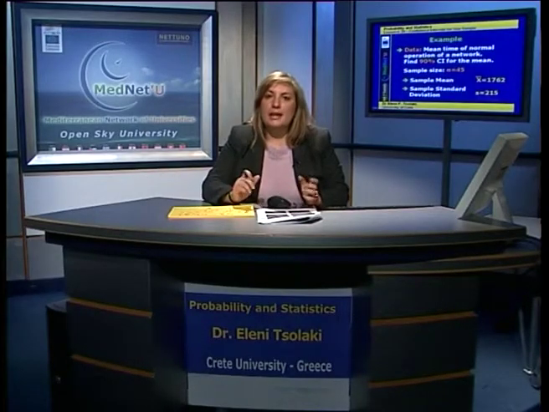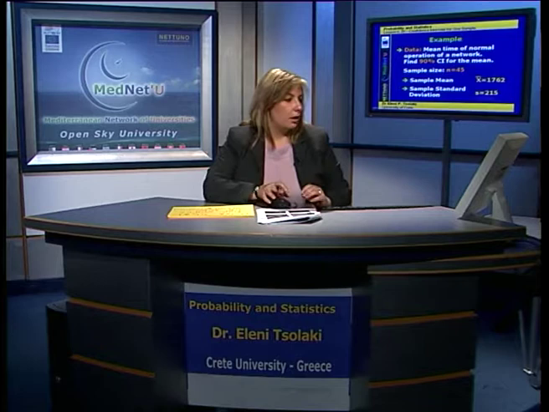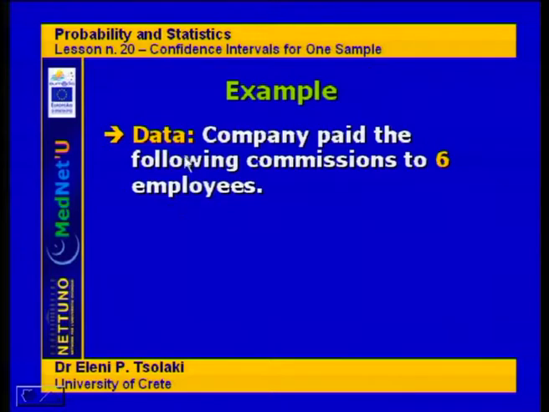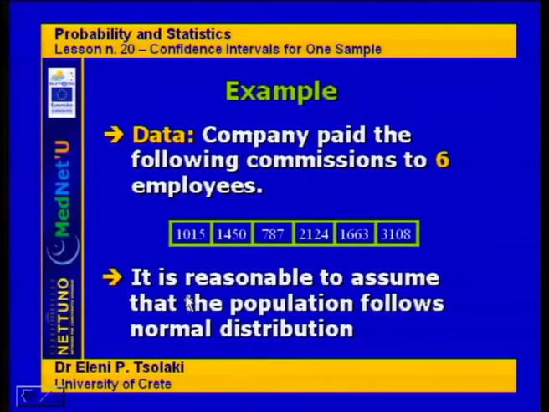Now we are going to see another example when our sample size is not large. We have data on what commissions the company paid to 6 employees. The data are given in this table, and it is reasonable to assume that the population follows a normal distribution.